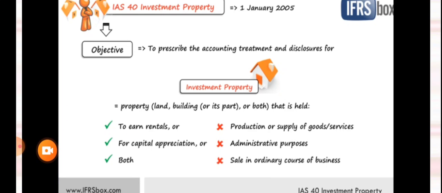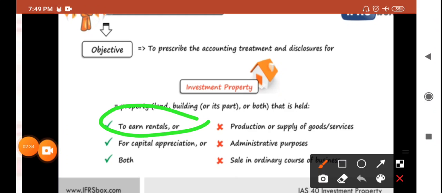But only having a land, only having a building by a business owner, is not enough. That land should be on rent, or it should be used for capital appreciation, or both.